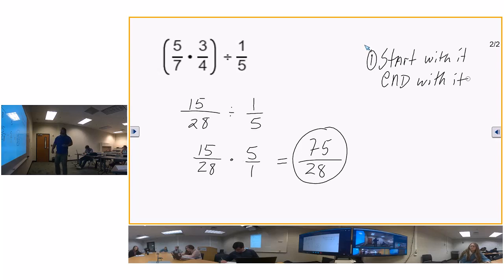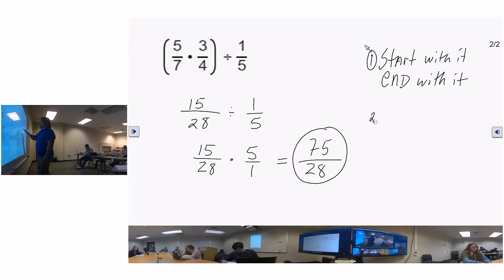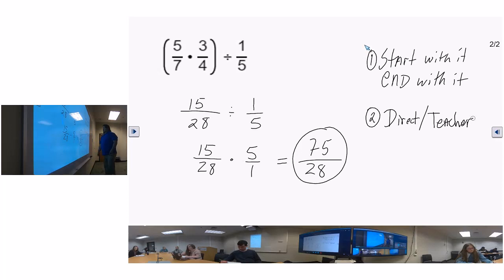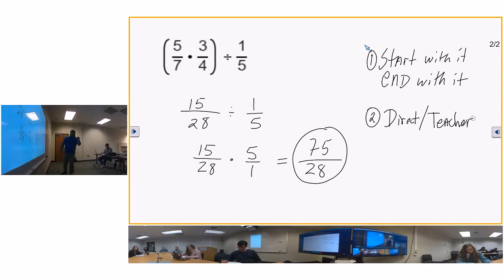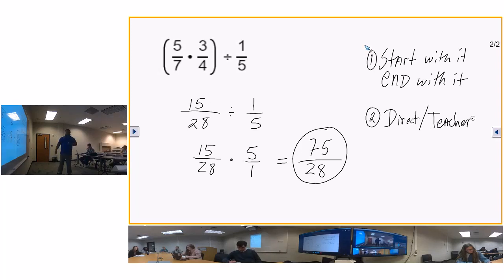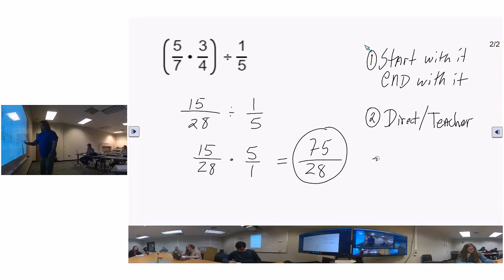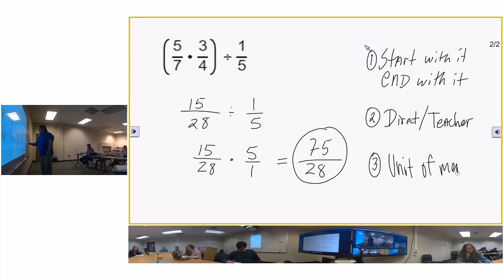That's one rule. Second rule is directions. If the teacher, or I'm sorry, I'm not a teacher, I'm a professor, anyway, if a teacher or directions tell you to change it to a mixed number. And then the third, unit of measurement.